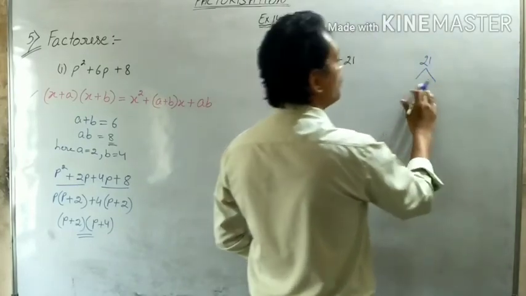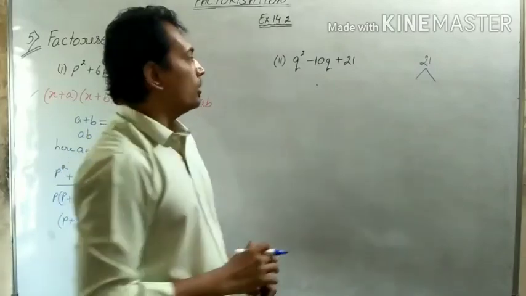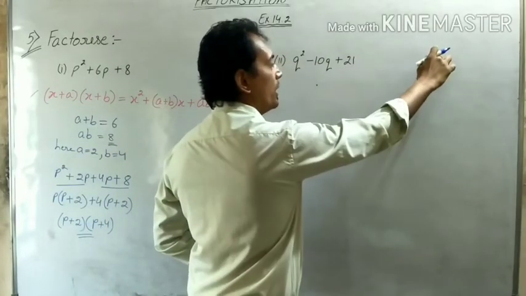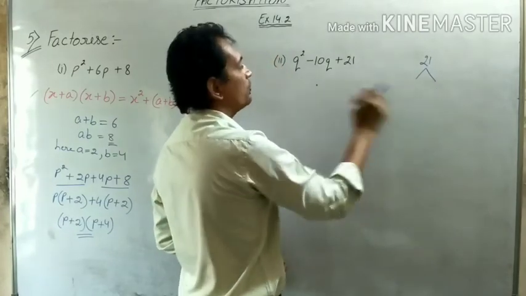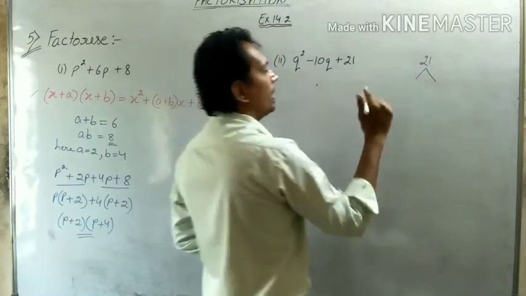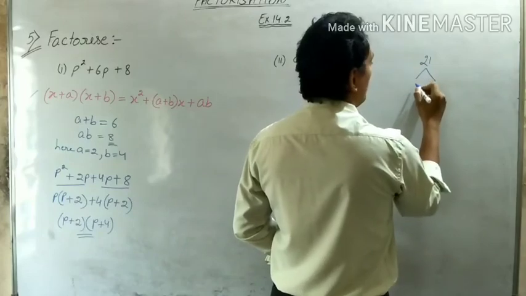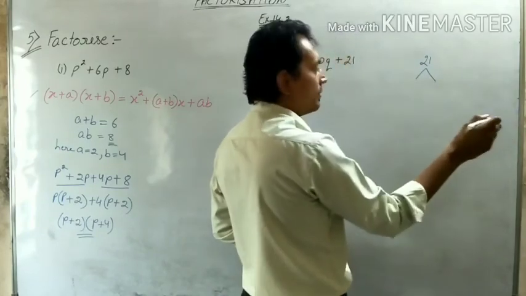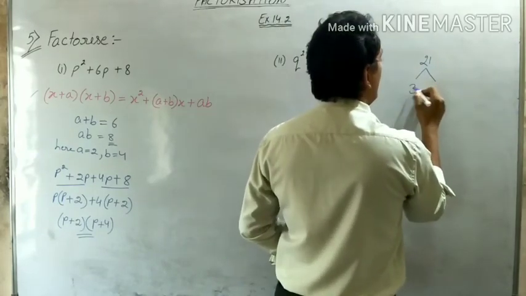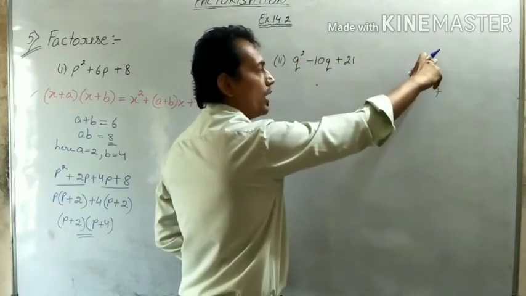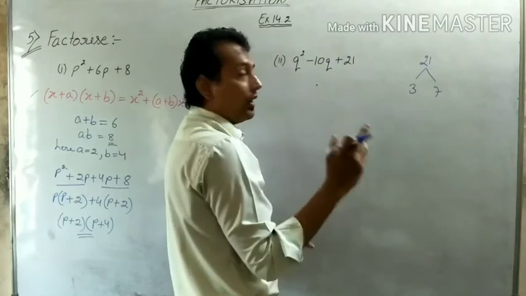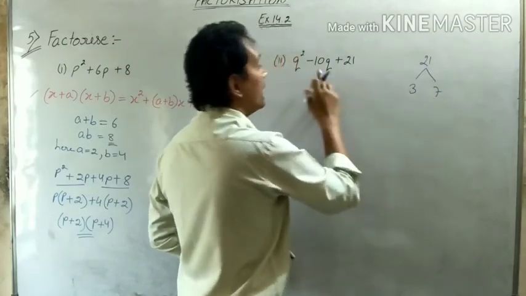We need to find such factors of 21 which when multiplied will give you 21, and addition or subtraction of those factors will give you the middle term. Okay, let's do it. We have a factor 1 into 21. Again we will take 3 and 7. We already know 3 into 7 is 21, but when you add 3 and 7 you will get 10.